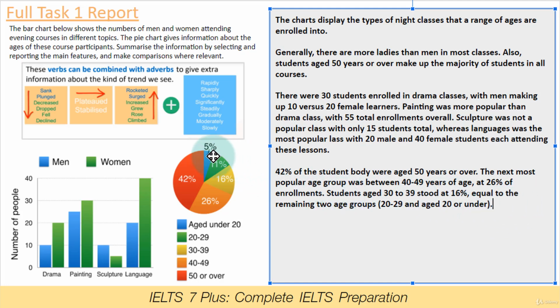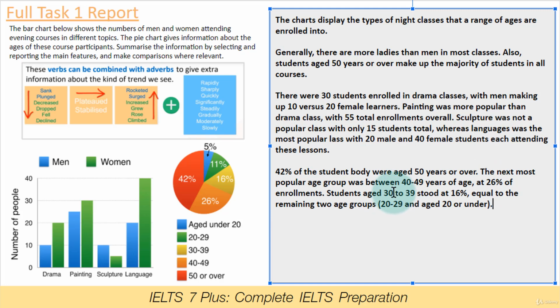I could maybe just say that age 20 and under stands at 5%, the lowest amount, but I think I'm quite happy with this. Let's read back this second paragraph here. 42% of the student body were aged 50 years or over. The next most popular age group was between 40 to 49 years of age, at 26% of enrolments.